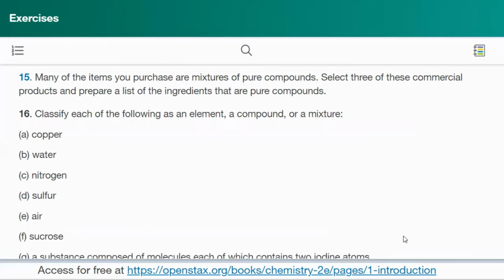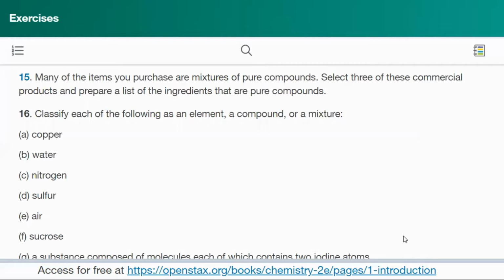Water is a pure compound. How about beer? Beer has ethanol and, let's see. Okay, so beer is a mixture. Diet Coke is a mixture.